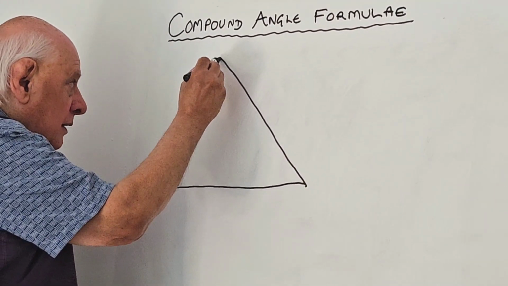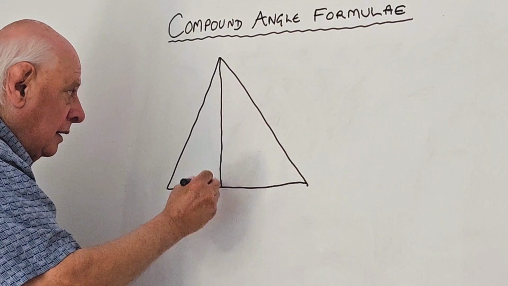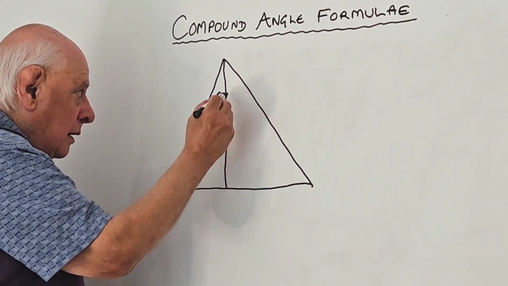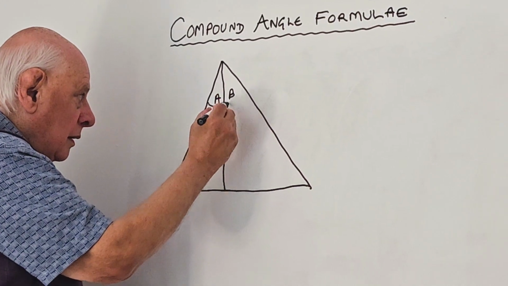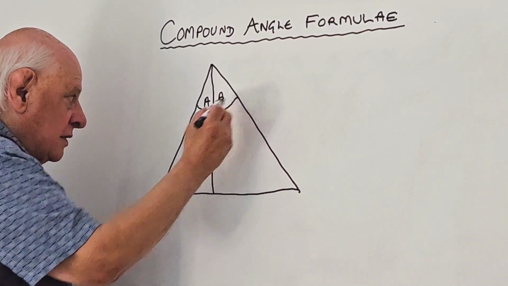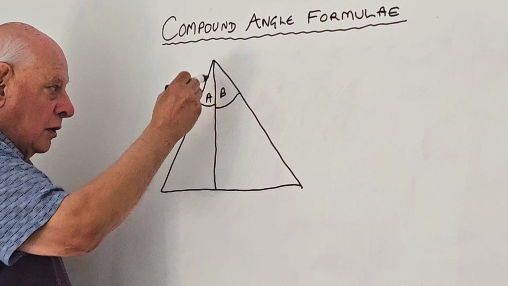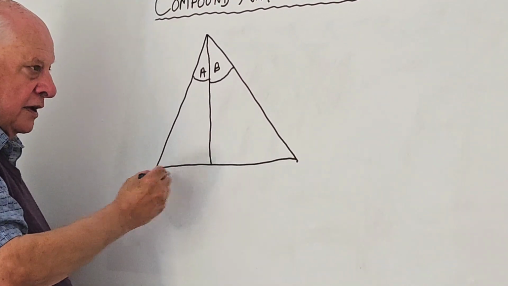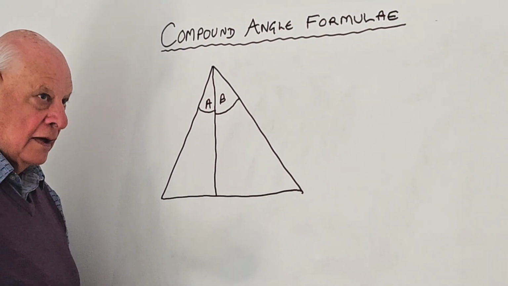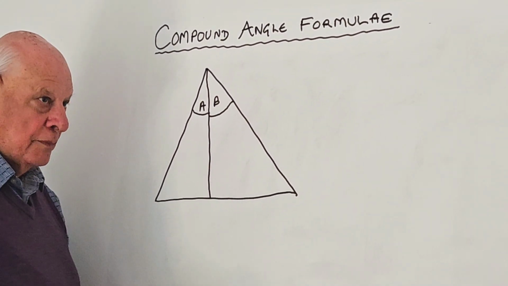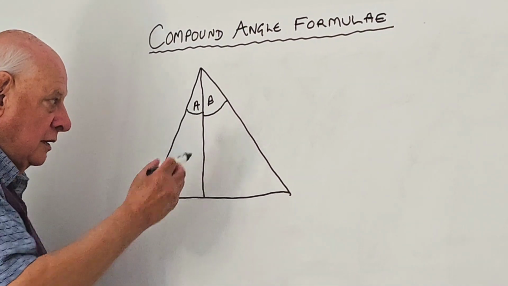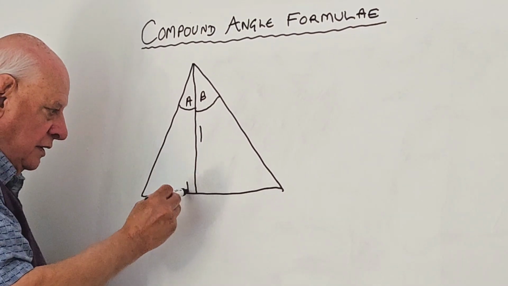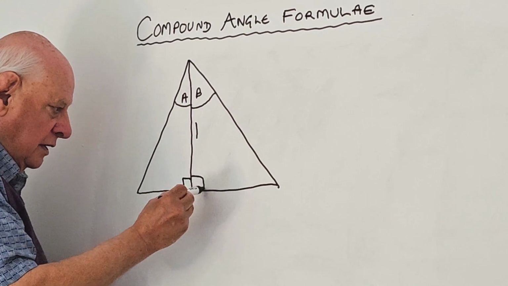And let's say the angles we're going to be adding are denoted by A and by B. Now those angles are fixed, so it matters not how long I make this line or what orientation I give this line. So I'm going to make life easier without compromising the situation by just saying that that is 1 unit long and that these two angles here are 90 degrees.